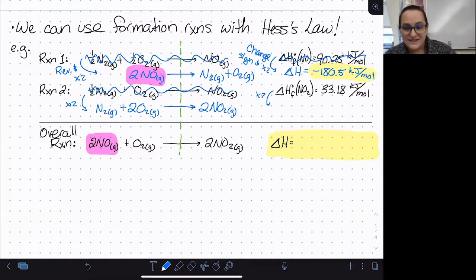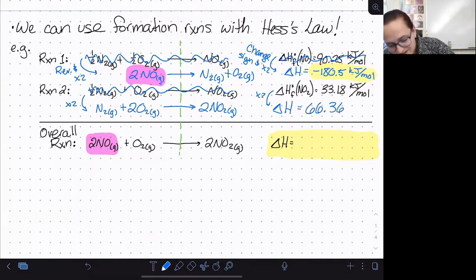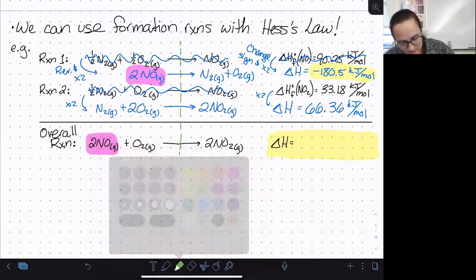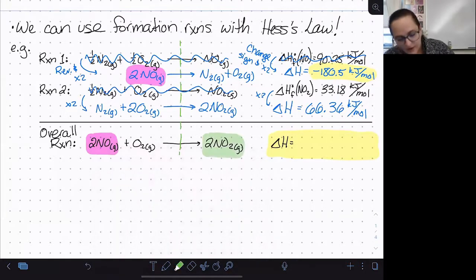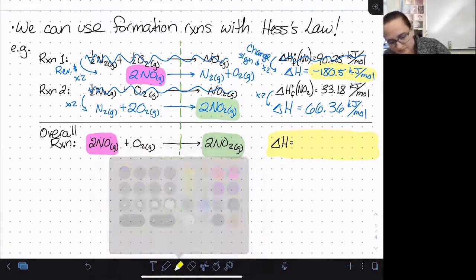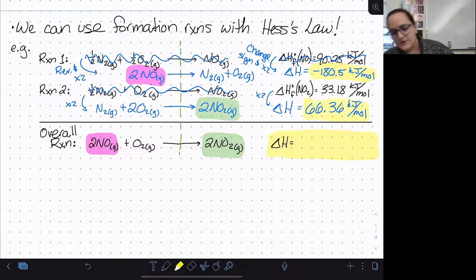We will double our delta H as well, which gets us 66.36 kilojoules per mole for this one. So now we were looking to put 2 NO2 on the right. We have achieved having 2 NO2 on the right. So this new delta H is the one that we're going to want to use.